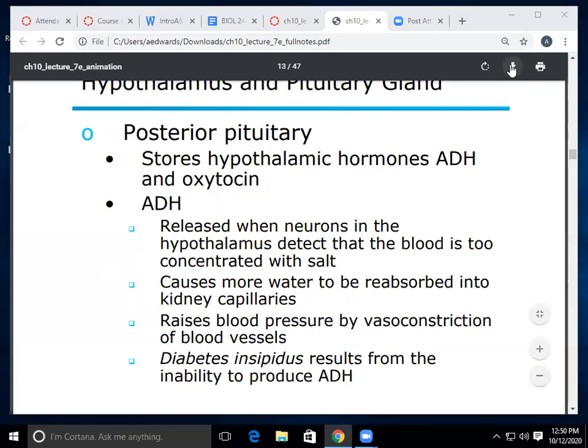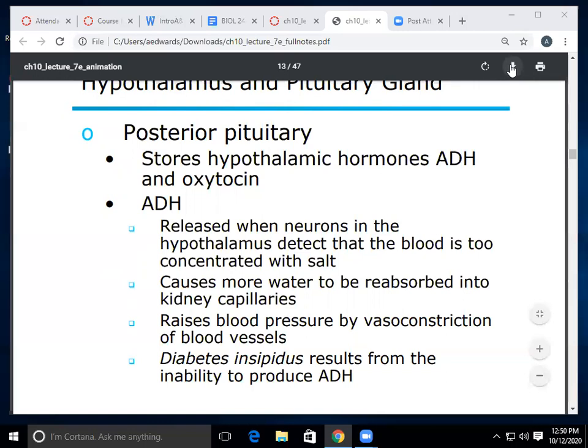And it causes more water to get reabsorbed into the capillaries in your kidneys. This is going to end up raising your blood pressure. It's going to constrict your blood vessels.